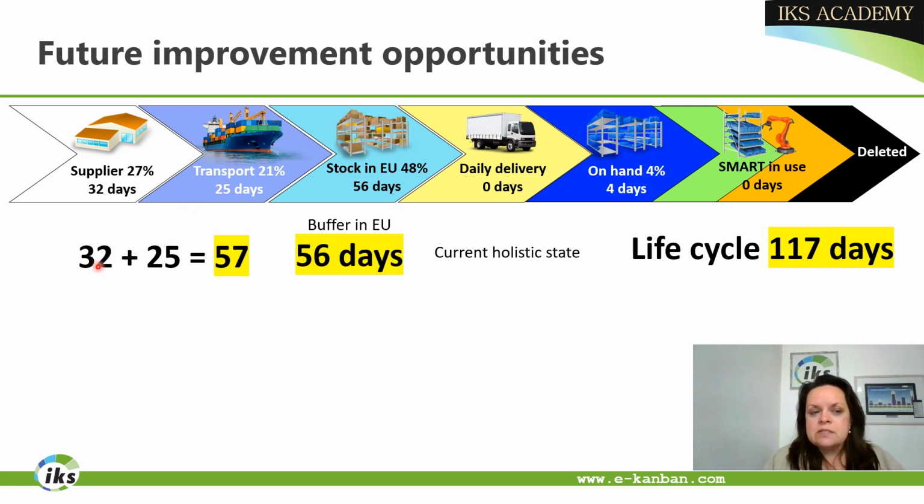In this case, we have a production lead time of 32 days and 25 days of transport. We have recorded this 57 days, and it's equal to the inventory that we are keeping in Europe for 56 days, which means it's 1 to 1.